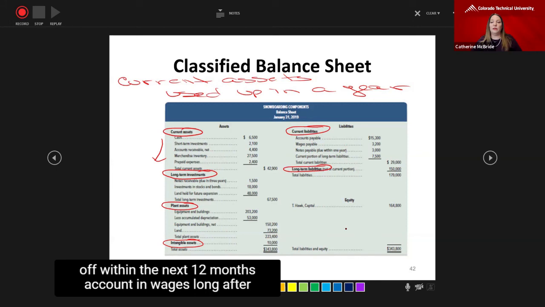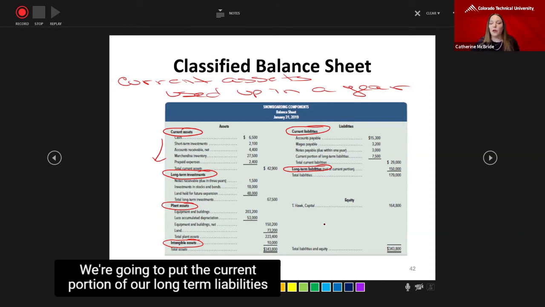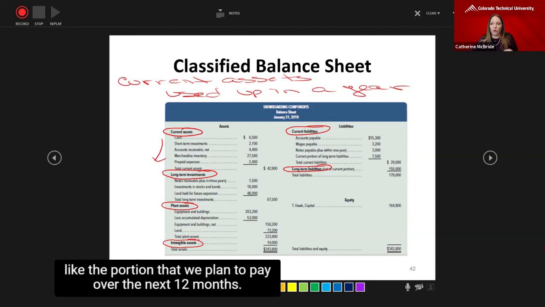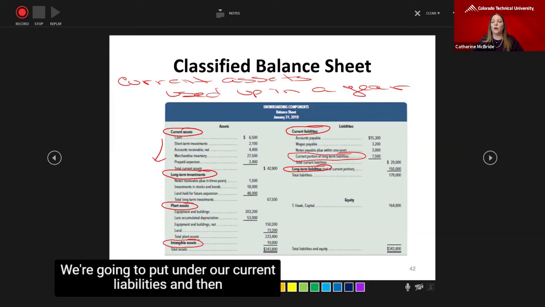Long-term liabilities are paid off after the next 12 months, usually 30 years long, right? We're going to put the current portion of our long-term liabilities, the portion that we plan to pay over the next 12 months, under our current liabilities. And then all the rest goes under long-term liabilities.